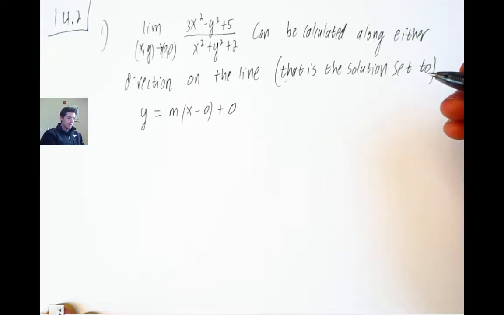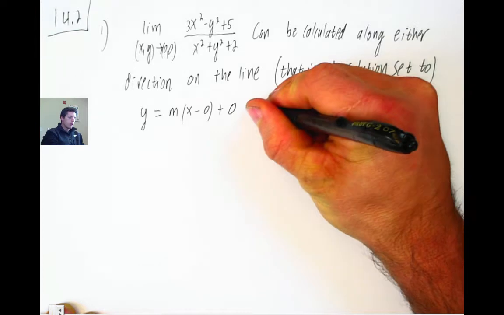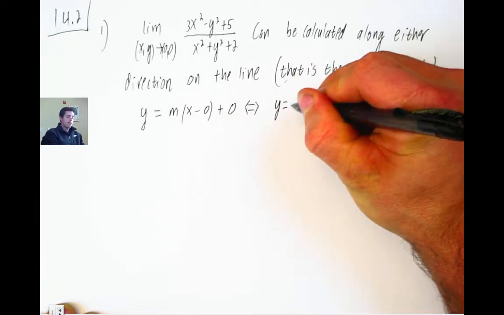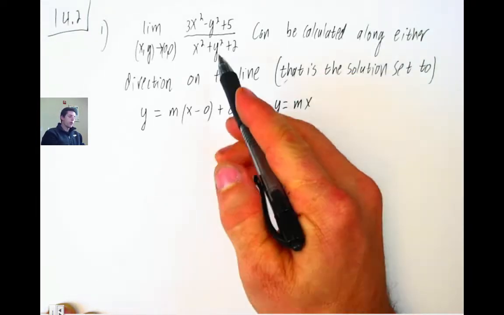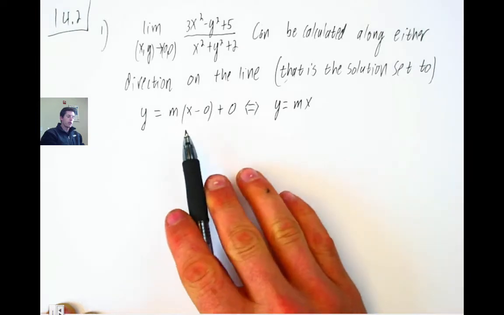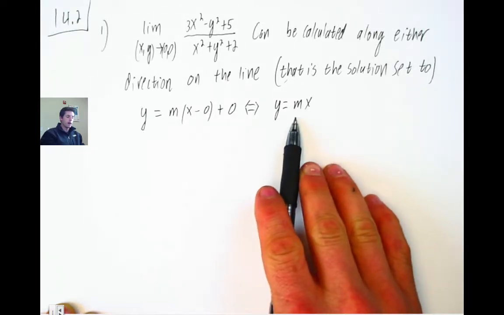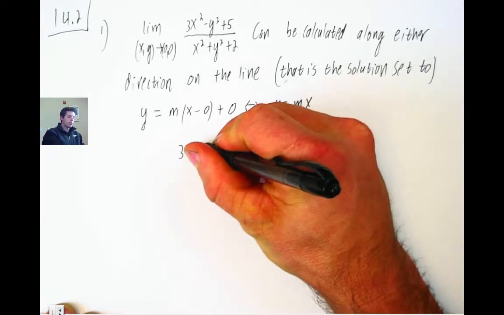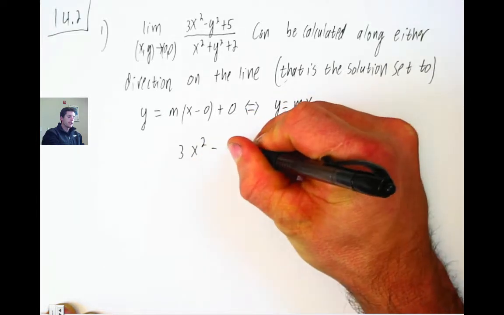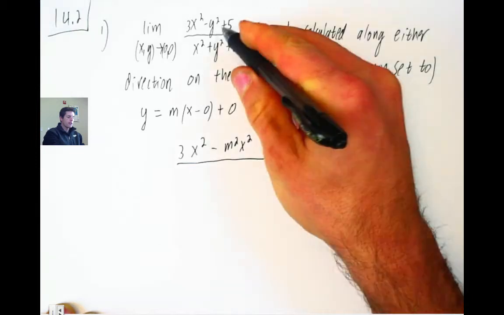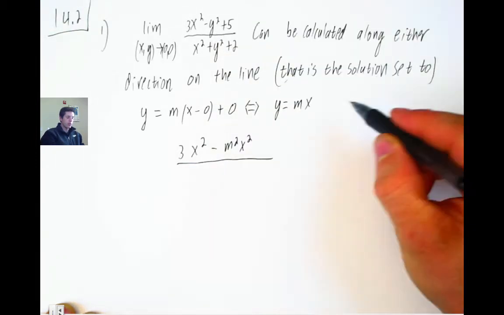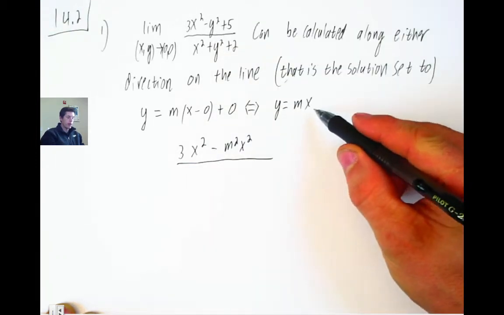Now, the idea here is that this equation, y is equal to mx, allows us to rewrite this expression. If we're only looking at points on the line y is equal to mx, we could rewrite this expression as 3x squared minus m squared x squared plus 5. See, I've replaced y squared with m squared x squared, or just replaced y with mx.